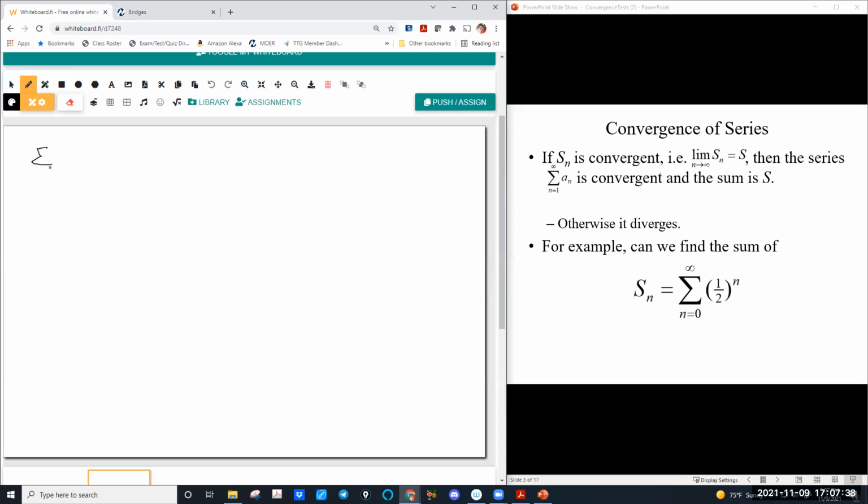So first off, we want to decide if this thing converges or diverges. The sum from 0 to infinity of 1/2 to the n is a geometric series. Well, geometric series converge if the absolute value of the common ratio is less than 1. So this thing converges.